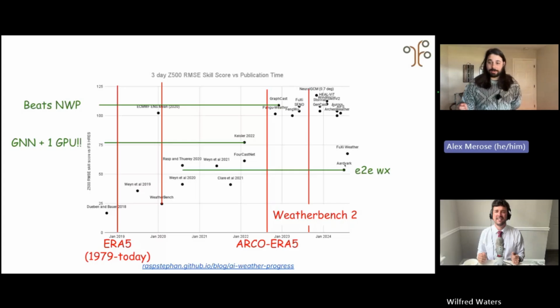What's exciting about these models is that they're end-to-end weather models. That means that, so all these models, pretty much everything else on this slide, are emulators of a physical system. They're emulators of ERA5, the reanalysis dataset that's a history of weather on Earth. Aardvark and FuXi might use ERA5 in their training process, but they can go directly from raw observation to a forecast of the entire Earth.